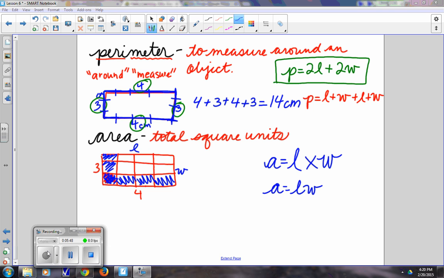And in area, you've got 12 square units, 3 times 4.